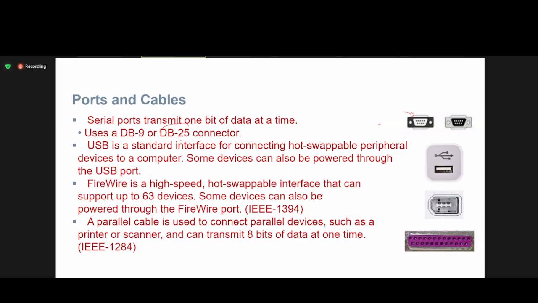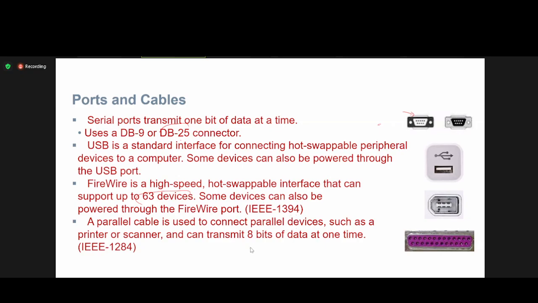Some devices can also be powered through the USB port. So FireWire is a high-speed hot swappable interface that can support up to 63 devices. Some devices can also be powered through the FireWire port. Another name for the FireWire port is IEEE 1394.